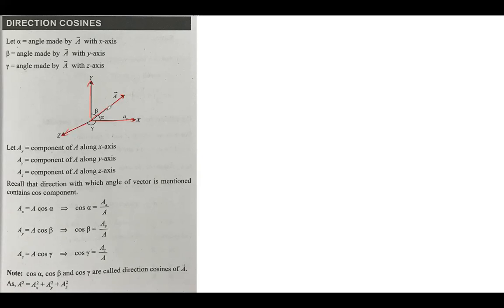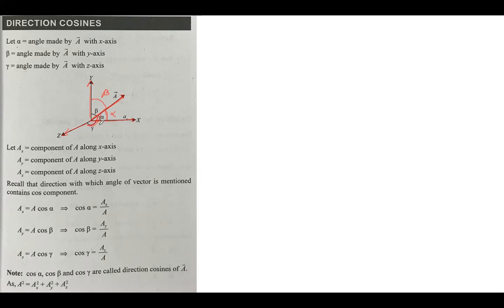So the angle made by this vector with the x axis is alpha, let's say. With the y axis, let's say it is beta, and with the z axis, let's say it is gamma. So this whole thing is gamma.